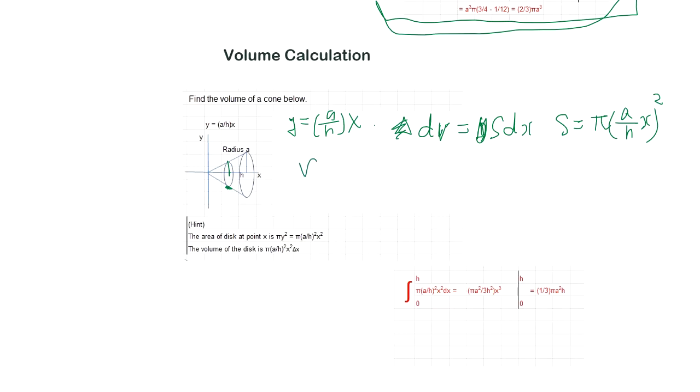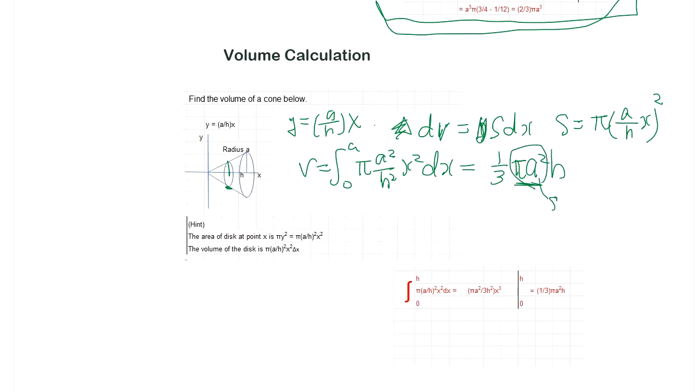So v equals the integral from 0 to a of pi a square h square x square dx. It's going to be 1/3 pi a square h, and pi a square is the bottom area, so 1/3 bottom times h. So this is where the 1/3 comes from.